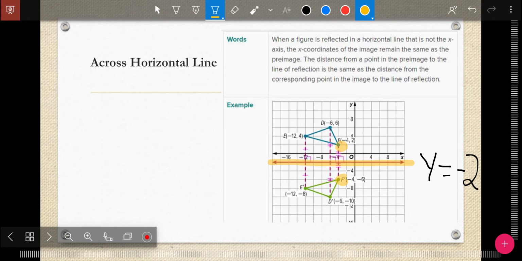They counted 1, 2 up, so they counted 1, 2 down and put our new point there. For E, it was 1, 2, 3 up, so we went 1, 2, 3 down. And D was 4 up, so it was 4 down. As we show you in the next example, you'll have to name the coordinate as well, and remember that it's always x and then y.